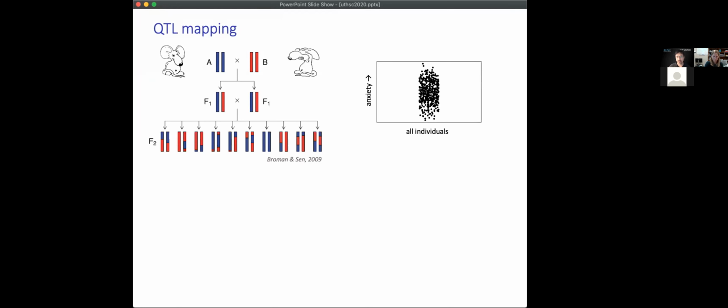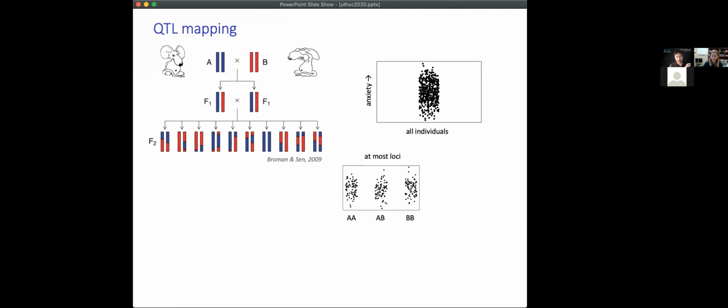You would also expect them to have a range of anxiety, some of them being very nervous, and some of them being very self-assured, a big distribution of that. And if you were looking at the variation among individuals at a location that was not involved in anxiety, then you wouldn't really see a pattern.